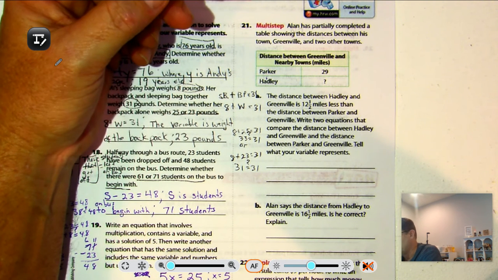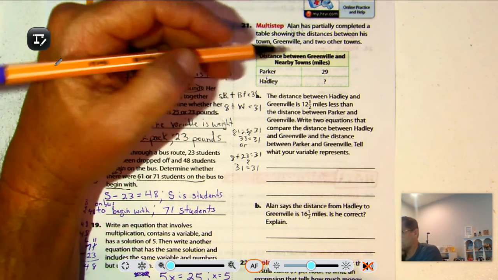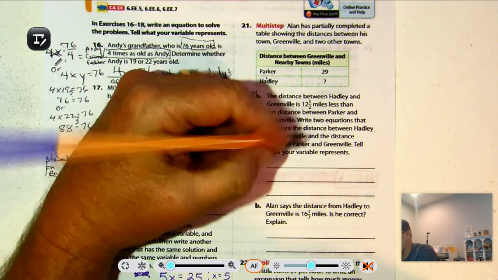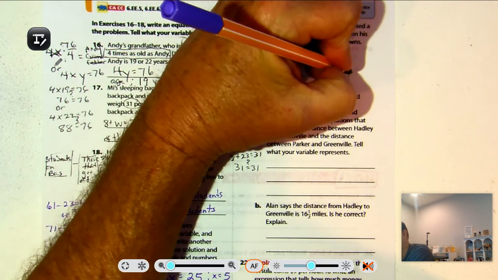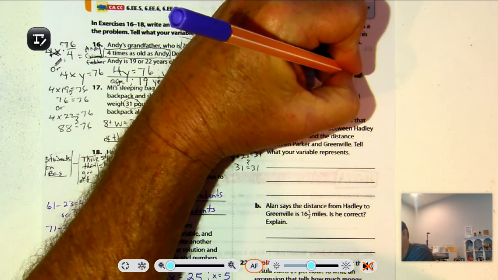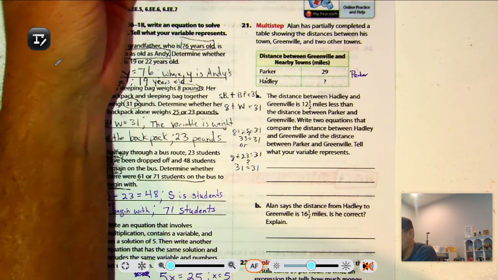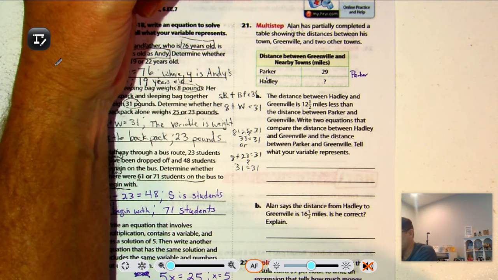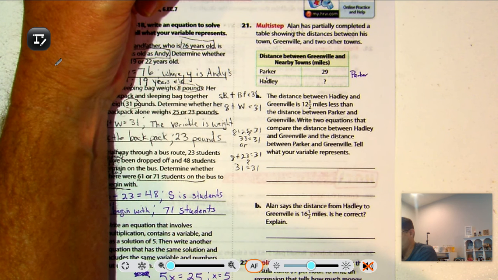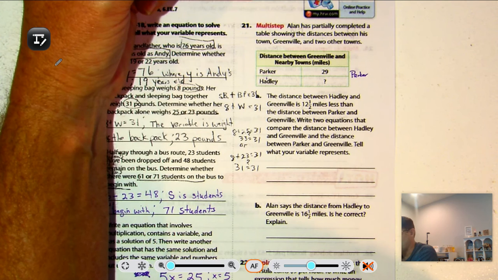Tell what your variable represents. Okay, so if we do the town of Parker, Greenville is 12 and a half miles less than the distance between Parker and Greenville.